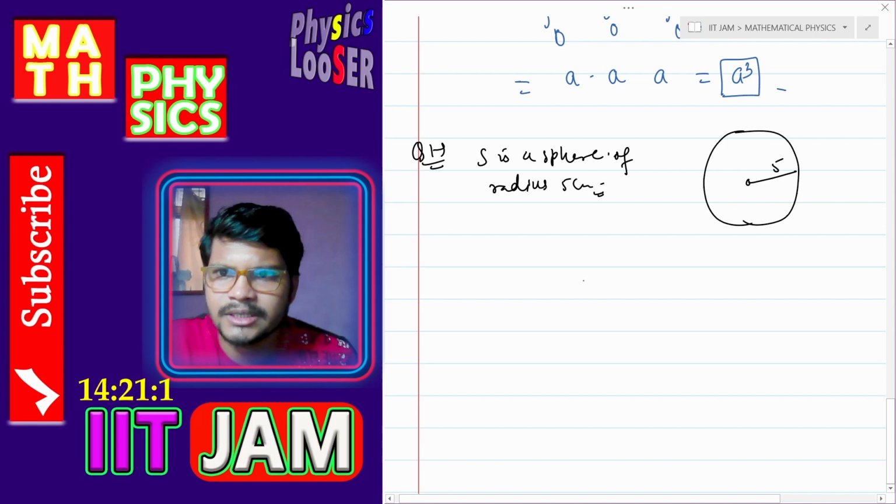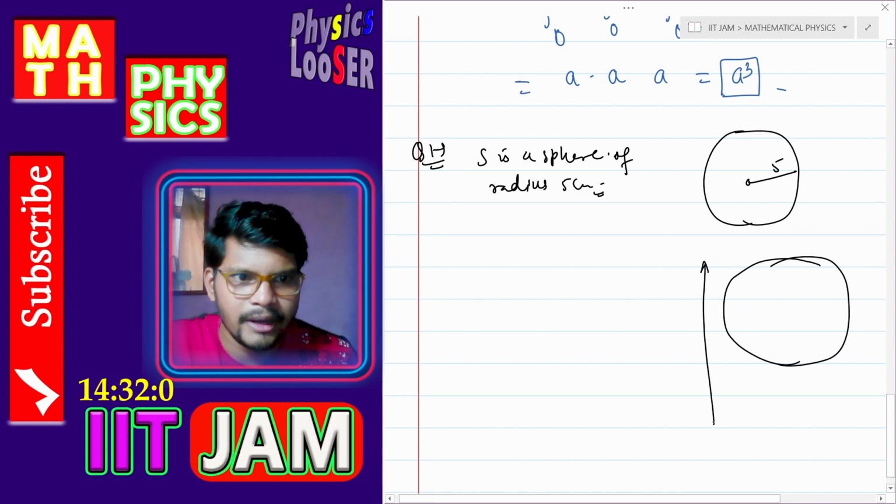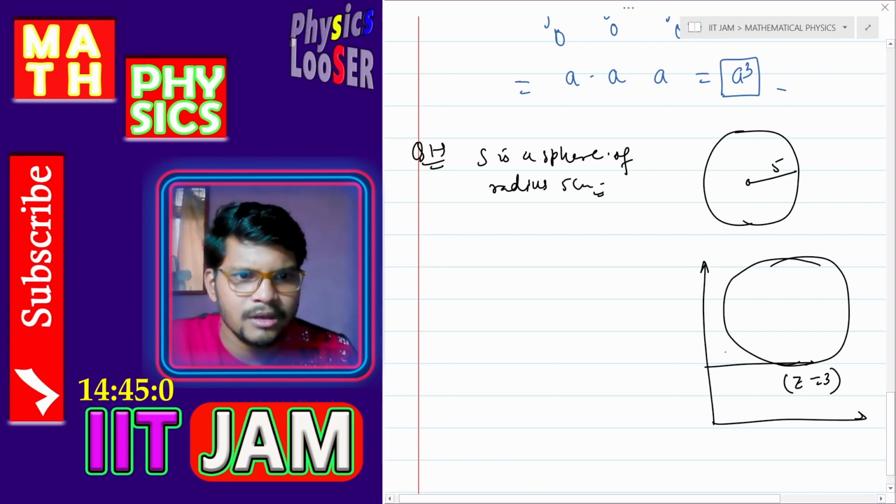And let D be the region under the sphere that lies above the plane z equals 3. So for example, you can sketch the sphere like this, and the plane is at z is equal to 3. So you can say, let D be the region under the sphere that lies above the plane.